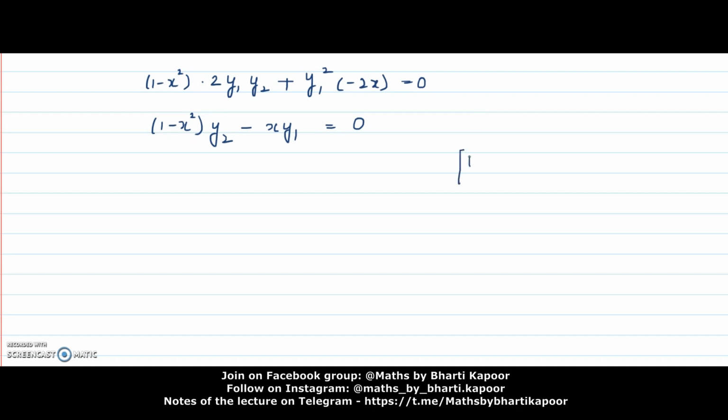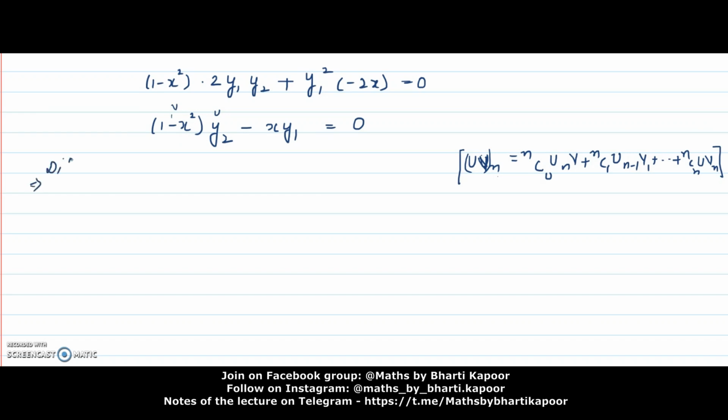So if I write what Leibniz theorem says, if you have a product of two functions and you have to find the nth order derivative, then it will be given by nC0 u_n v plus nC1 u_(n-1) v1 and so on, nCn u v_n. So let's take y2 in place of u and 1 minus x square as v.